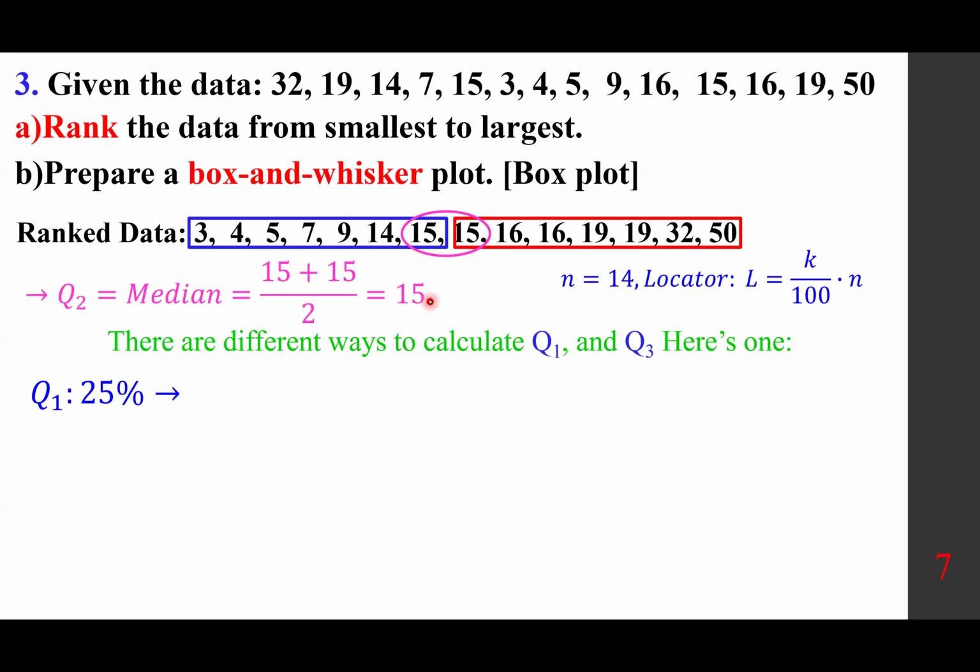And so for Q sub 1, 25%, replace this with 25, and it gives you 3.5. The methodology is that you go with the next piece of data, you round up, and you get the fourth piece. So we have the first, second, third, the fourth piece of data, Q sub 1 is 7.